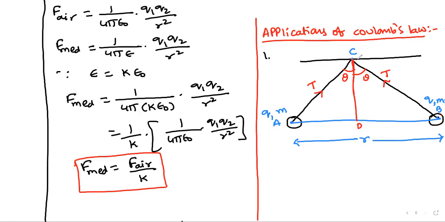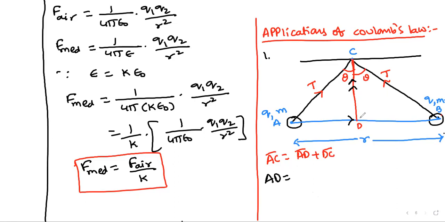According to the vector addition, I can say AC bar equal to AD bar plus DC bar. So I will find the DC value and AD.